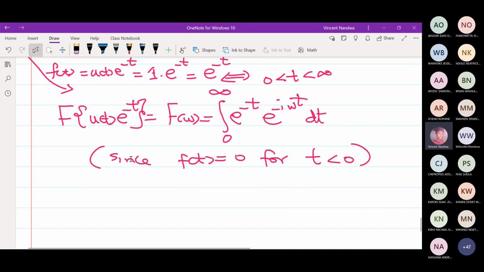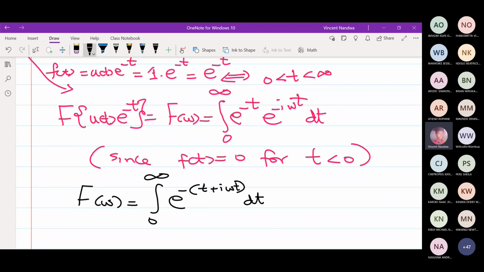So we'll rewrite this: F of omega will be the integral from 0 to infinity of e raised power negative, then t plus i omega t, dt.